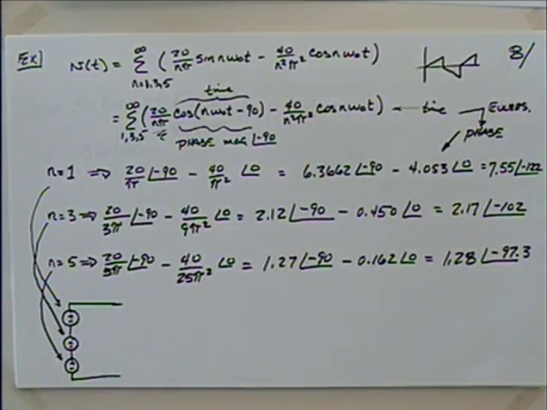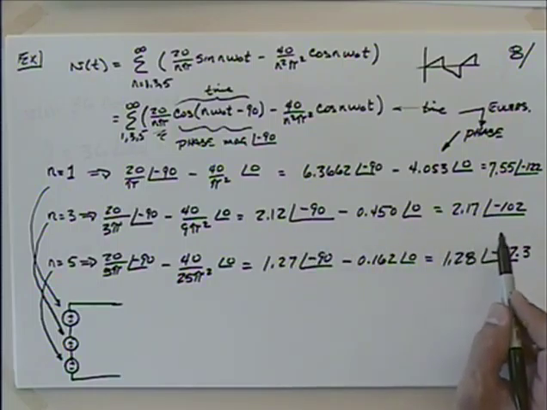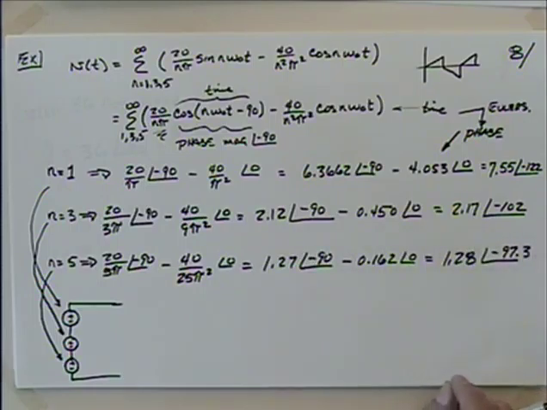The other thing that's very interesting is as the n terms get higher, what happens to the size of the terms? They get much smaller, don't they? The phase shift gets smaller, but the magnitude gets smaller too.